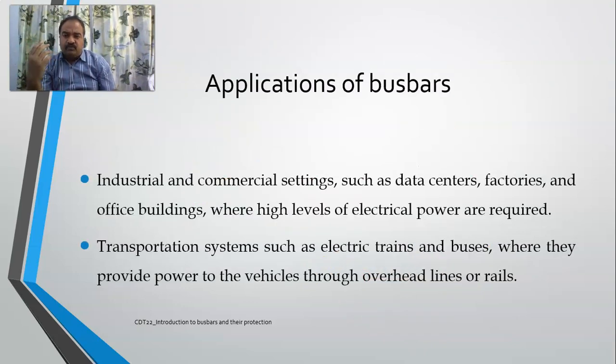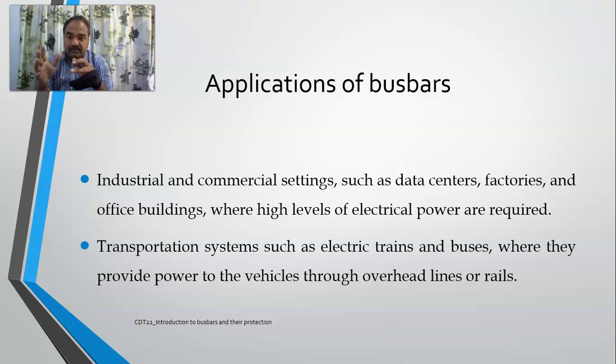Now where do we use this? Particularly in industrial and commercial settings, where you have a high budget. In a home I cannot maintain a bus bar, right? So rather than maintaining a bus bar of high cost, I can just tie up the wires. But when you have a commercial or industrial area with lots of budget, most probably data centers, factories, office buildings will employ this type of bus bars.